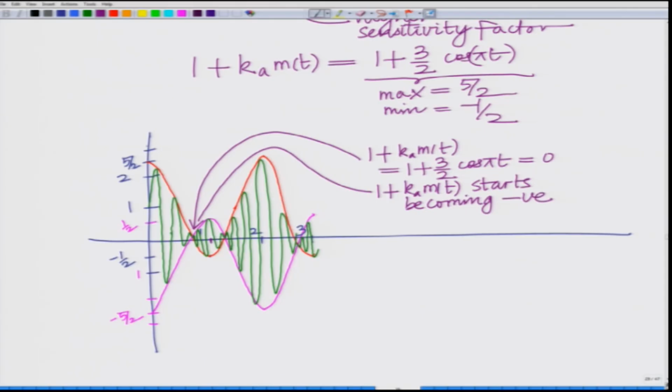So, the envelope starts to become negative. So, there is a phase reversal in the envelope, a phase reversal in the modulating signal.